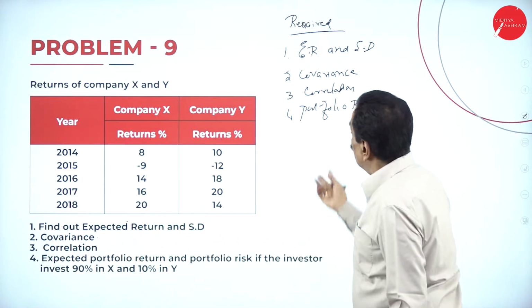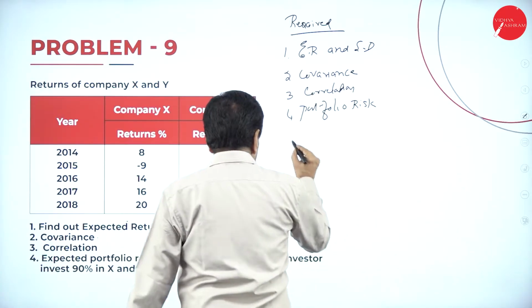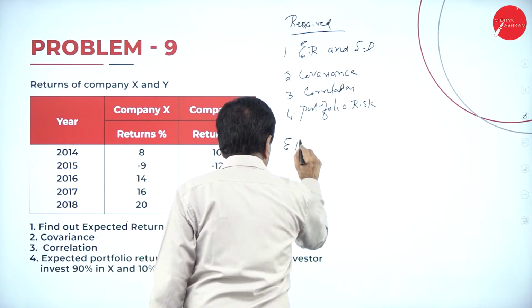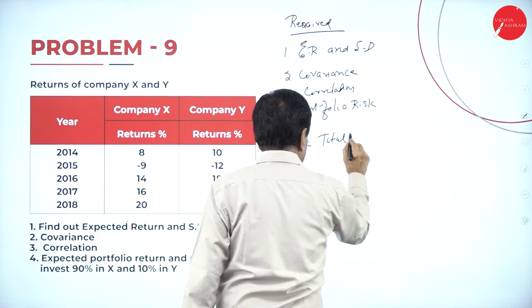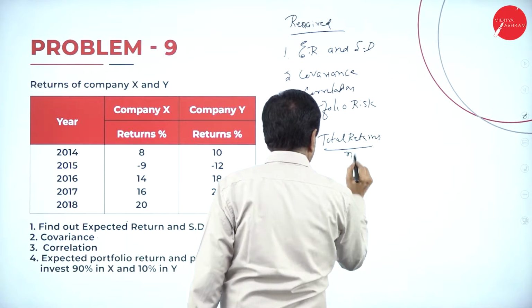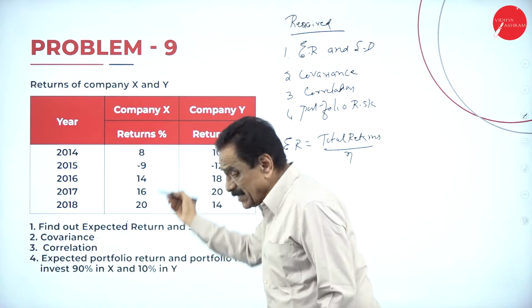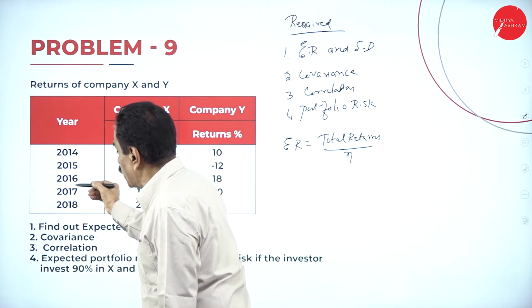Now, when you go one by one, what is the formula you are going to use? Expected return is equal to total returns divided by n. So first we will add the returns. This is total return divided by number of years, 1, 2, 3, 4, 5.